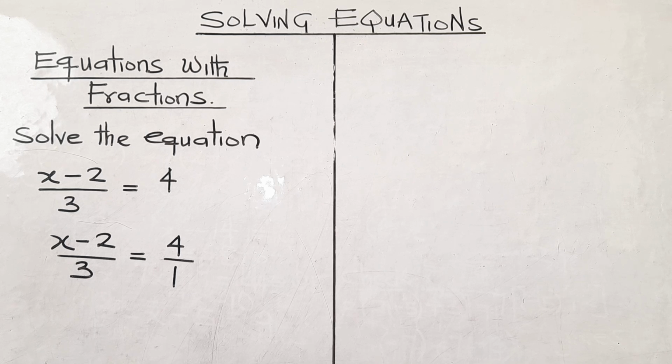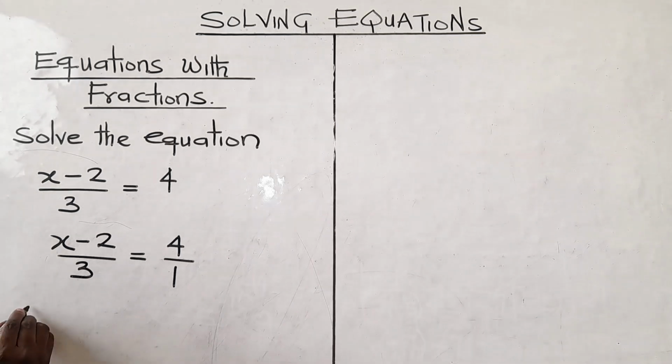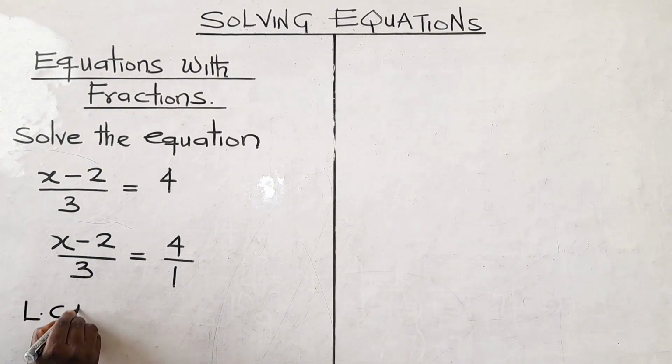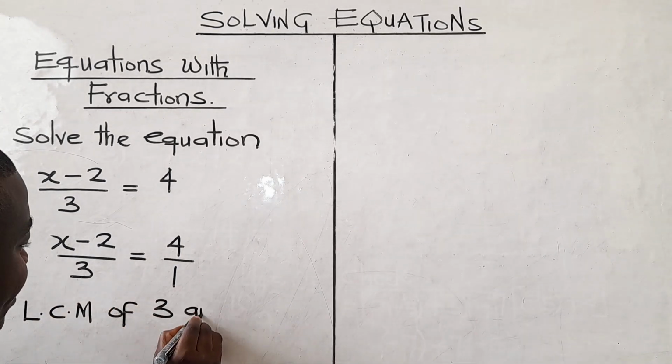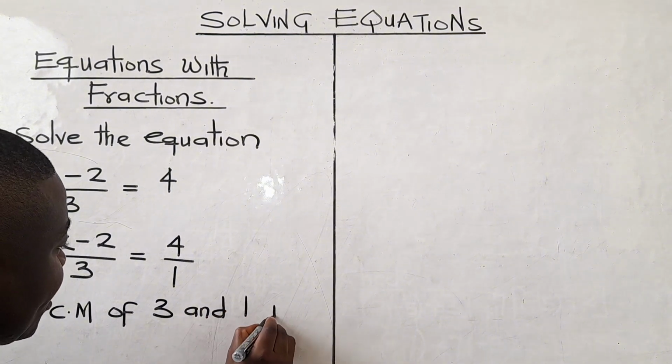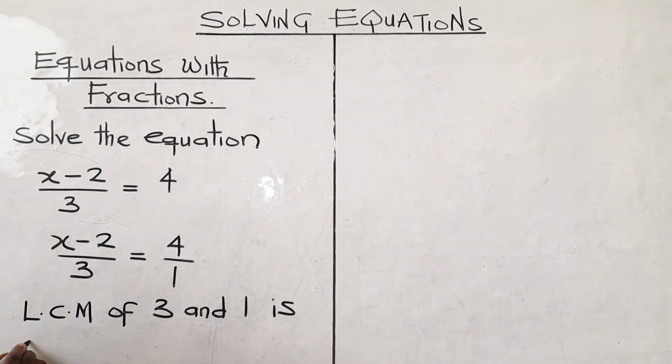So, what's the LCM of 3 and 1? The LCM of 3 and 1 is 3. So we are going to multiply both sides with 3.